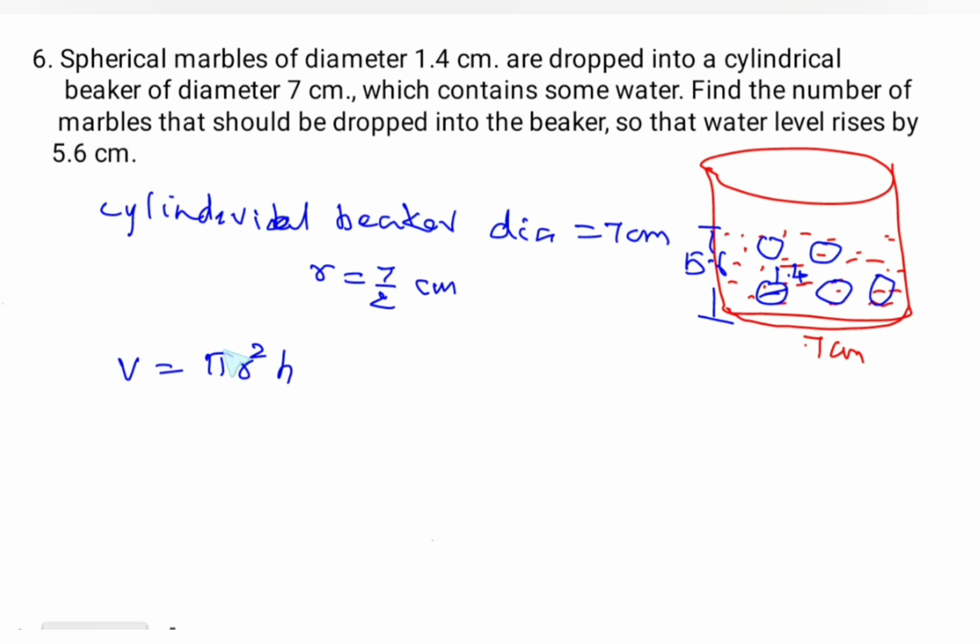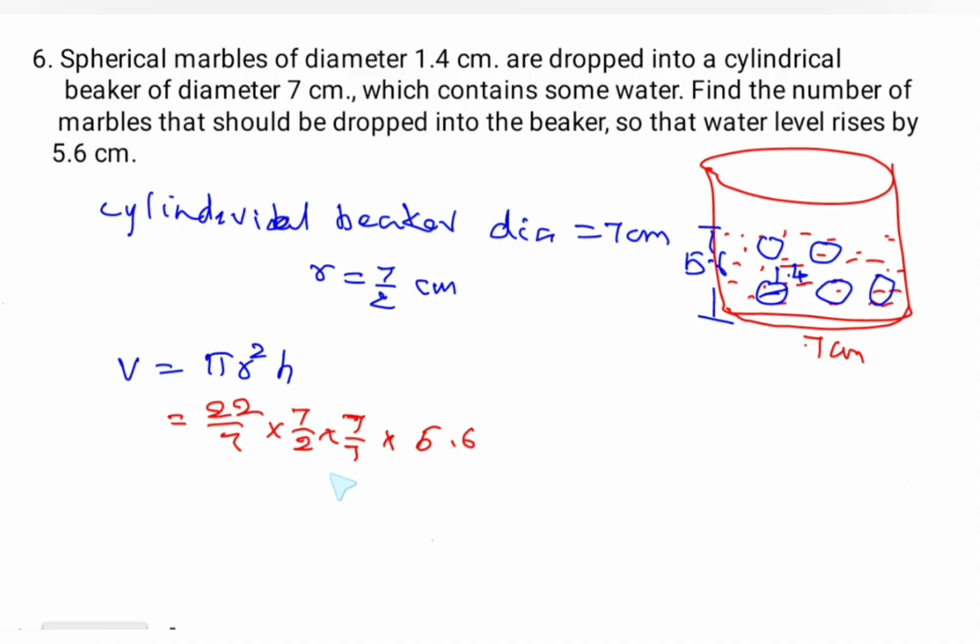Here the value of pi is equal to 22 by 7, into r square equal to 7 by 2 into 7 by 2, and h is 5.6 when the water rises.